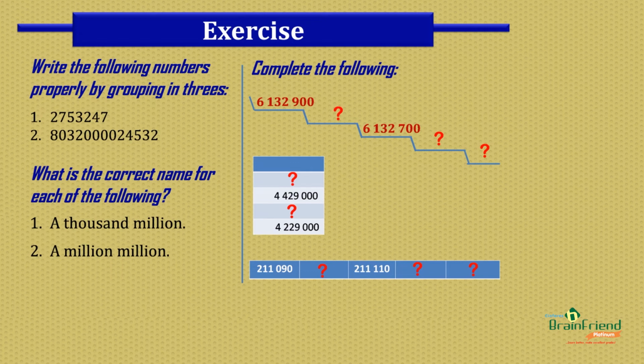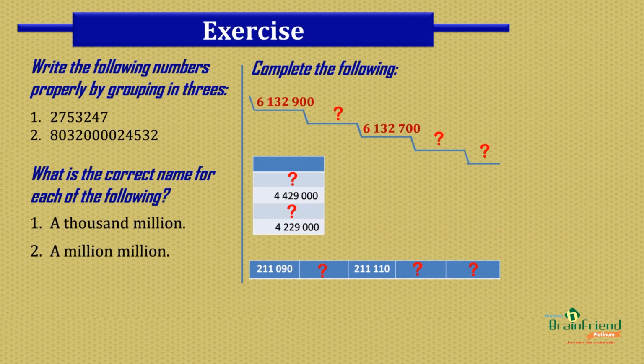I'm sure you're done. The instruction says, write the following numbers properly by grouping in threes. 2, 7, 5, 3, 2, 4, 7. So we have 2 753,247. For the second question, we have 8,032,000,024,532.